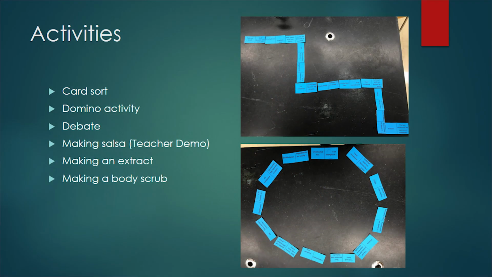And then some of the activities that I incorporated into my unit were a card sort and a domino activity. These pictures give a better representation of the domino activity because it's hard to explain. I cut out little cards, and on one end of the card is a question, on the other end is an answer, but the question and answer don't go together.